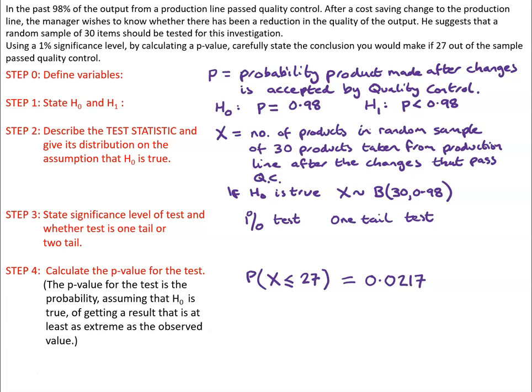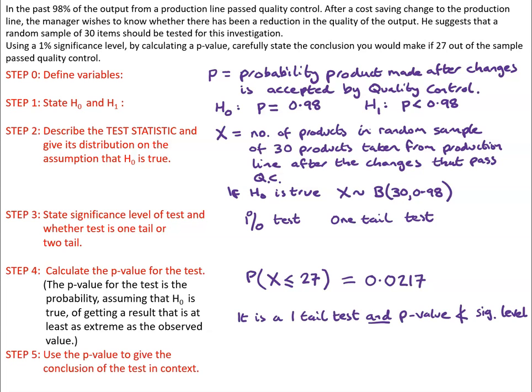If X has the binomial distribution with n = 30 and p = 0.98, it comes out to be 0.0217, and that is bigger than 1%. So we've got a one-tailed test, and the p-value is not smaller than the significance level. The p-value is not less than 1%.